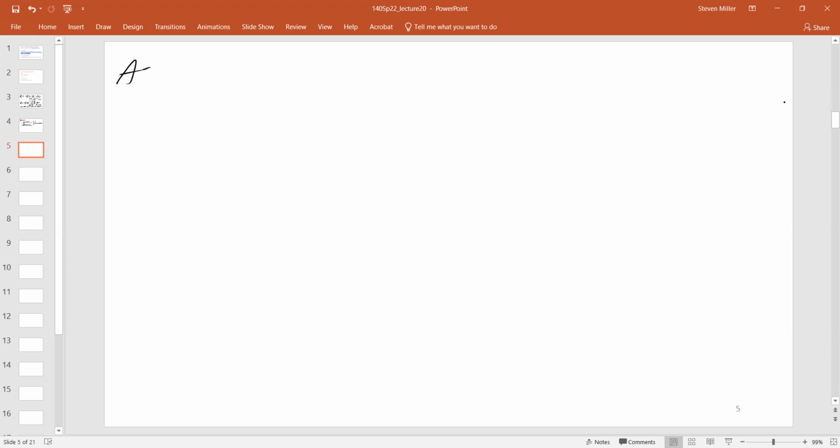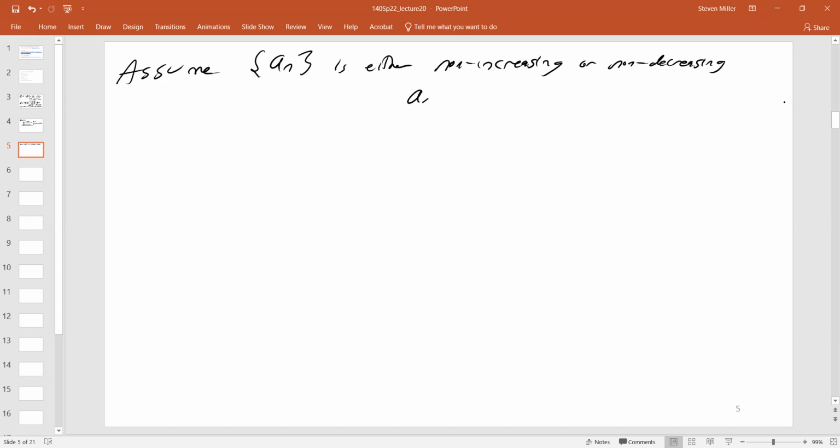So assume the sequence a_n is either non-increasing or non-decreasing. So what does non-increasing mean? What does that mean between, say, a_n and a_(n+1)?